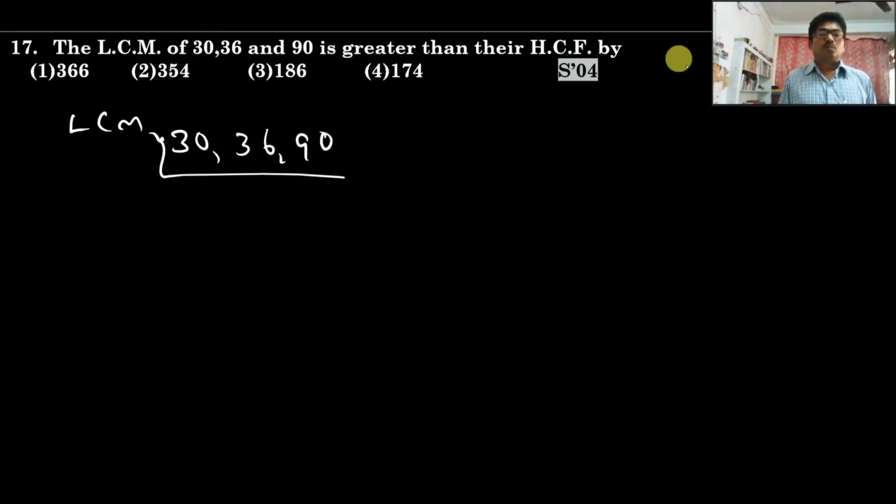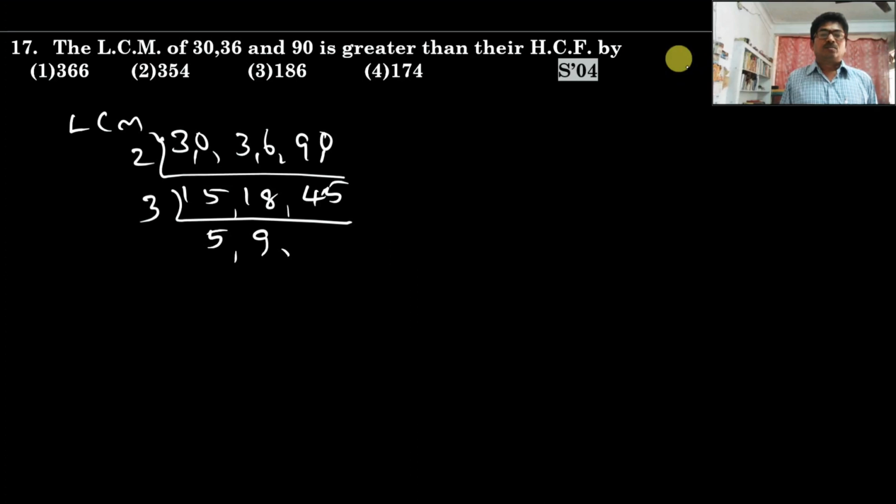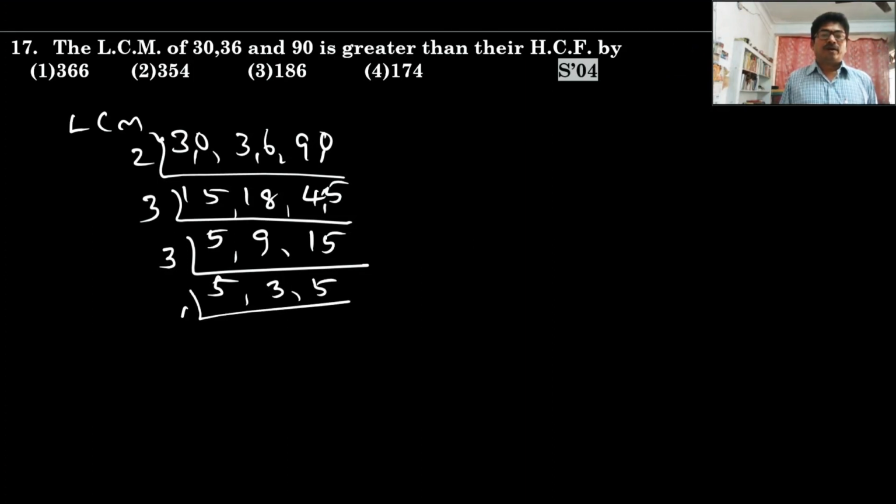First the 2 table, 2 15s, 2 18s, 2 45s. 3 table, 3 5s are 15, 3 9s are 27, 3 1s. Again the 3 table, bring down 5, 3 3s, 3 5s. Now the 5 table, 5 1s.